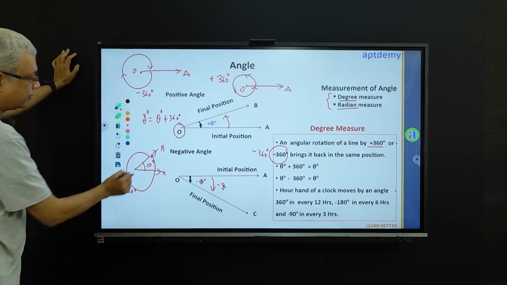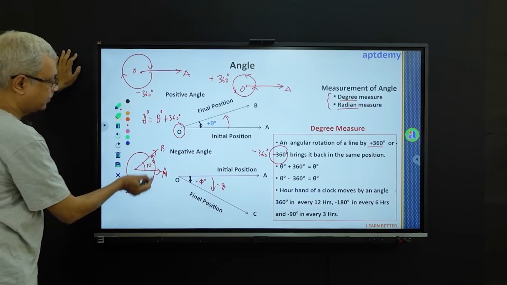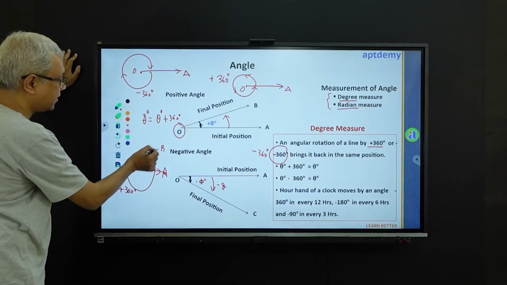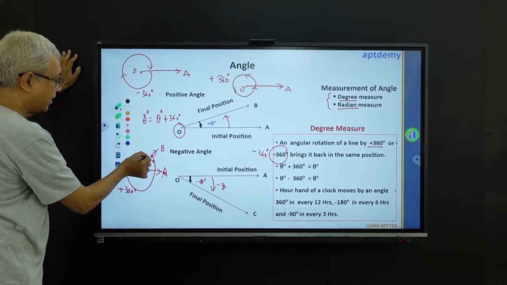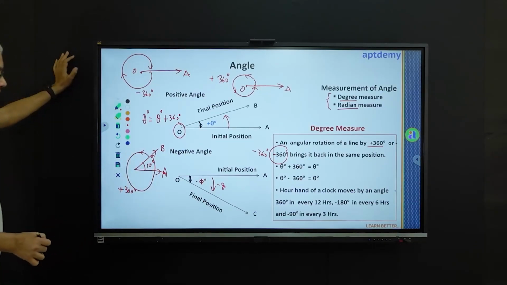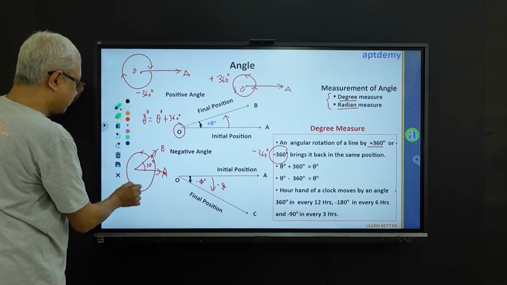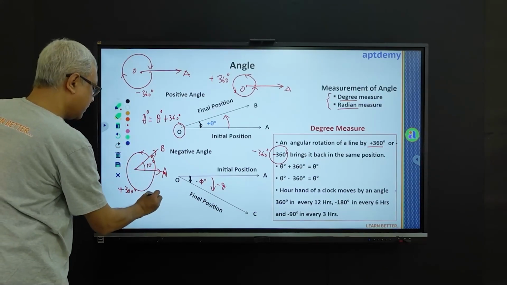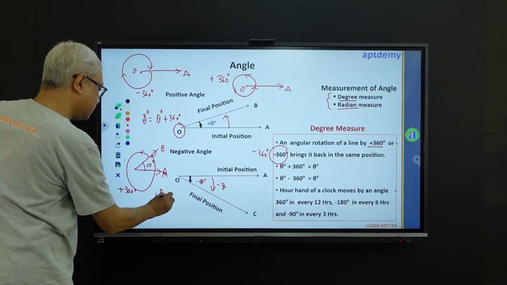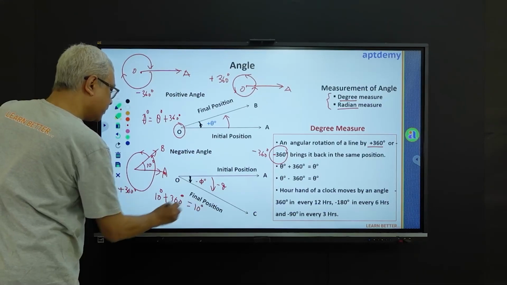That means the line OA, after tracing an angle of 10 degree, has reached the point B, and again if it moves further by 360 degree, it comes back to B. So the total angle travelled is actually 10 degree plus 360 degree, which is nothing but 10 degree itself.